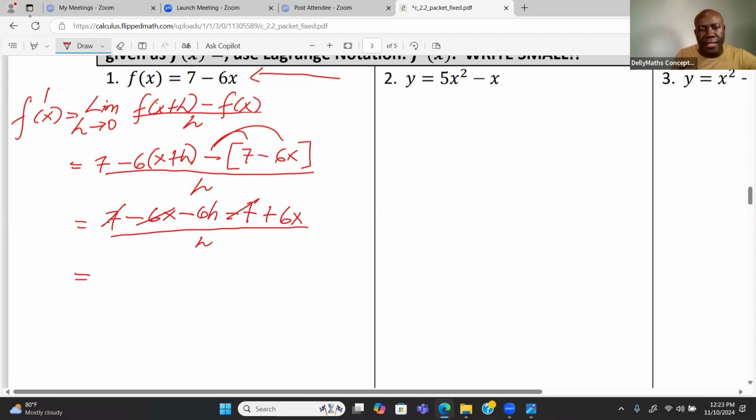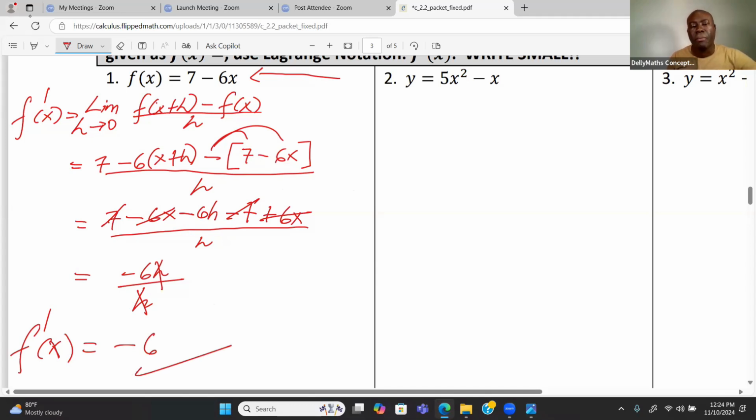The negative 6x and the positive 6x becomes 0. Finally, we are left with negative 6h over h. But we could divide this, so the h cancels itself. So the derivative of f of x is equal to negative 6, and that's our answer.